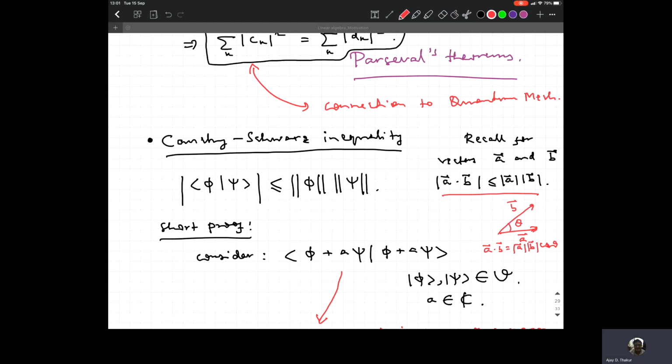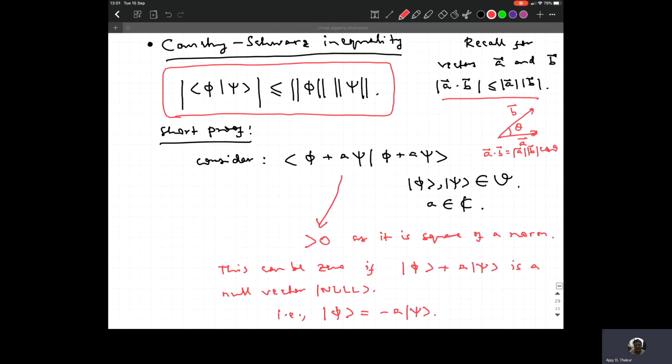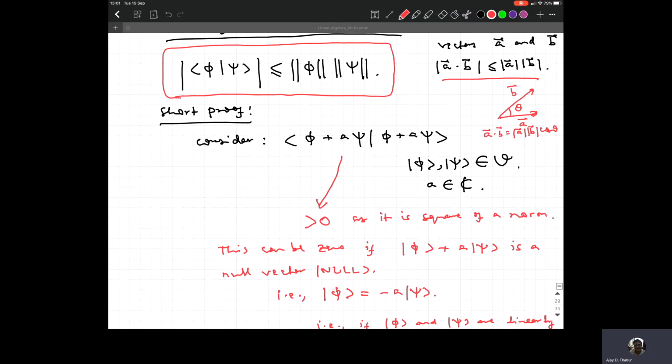Therefore, this result is trivial to see, as it's primarily a consequence of cos theta being bounded. Now in the case of general ket vectors psi and phi, the Cauchy-Schwarz inequality reads as follows: we look at the inner product of phi and psi, and its magnitude should be less than or equal to the product of norms of phi and psi. This has a fairly elegant and short proof.